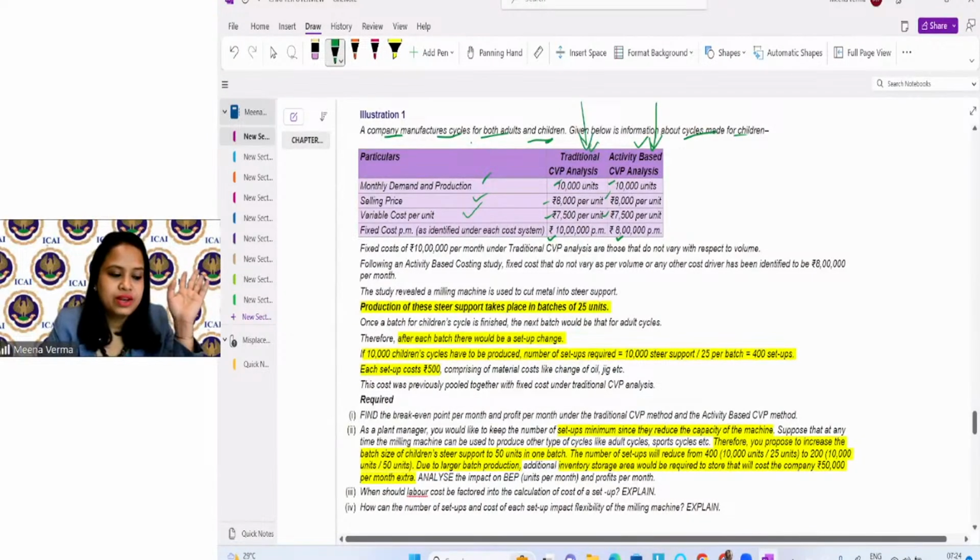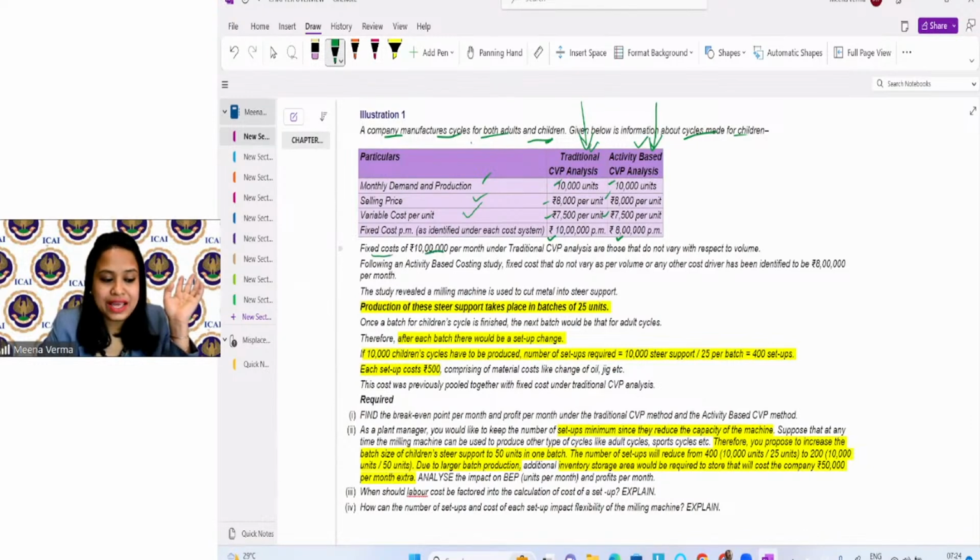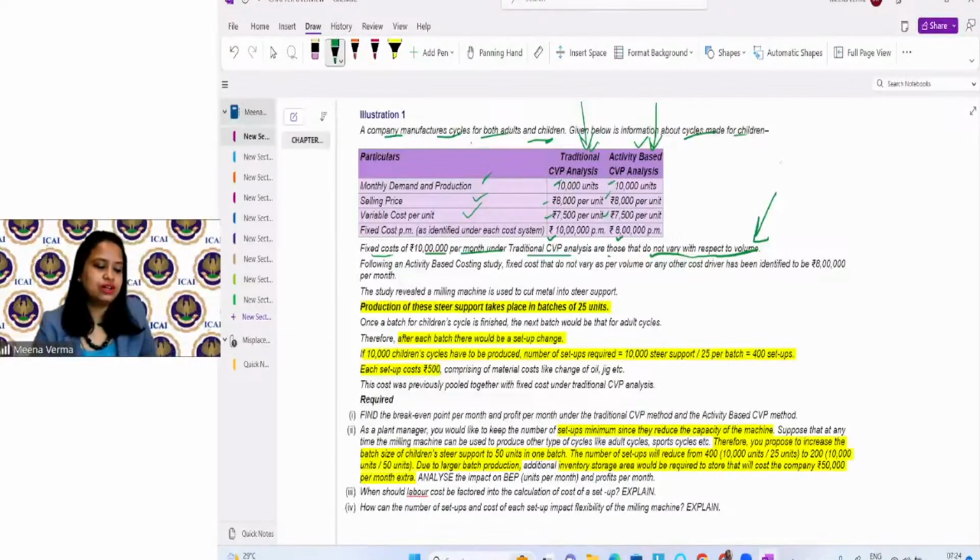Now see, fixed costs of 10 lakh per month under traditional CVP analysis are those that do not vary with respect to volume. We have just discussed that fixed cost generally does not vary with production. If you increase the production, it remains the same.